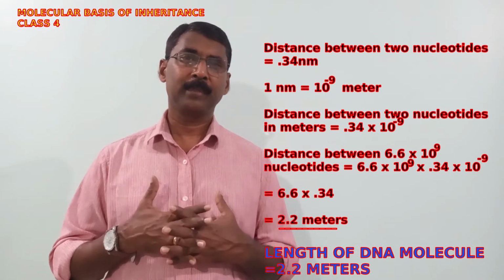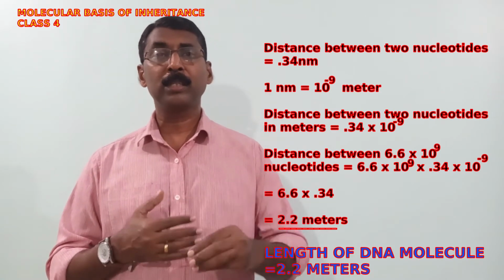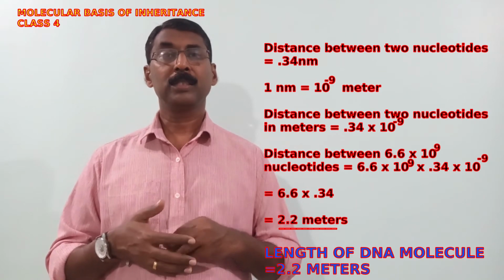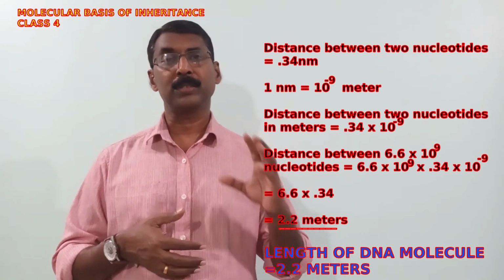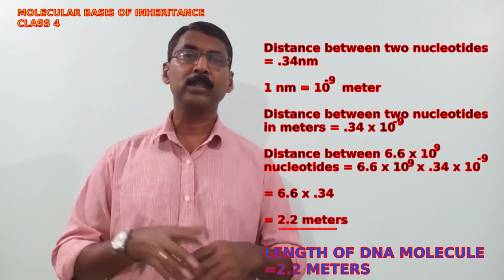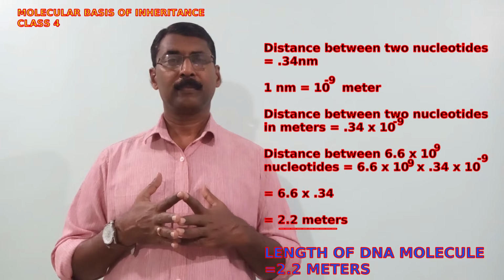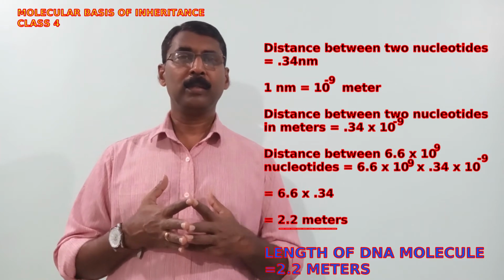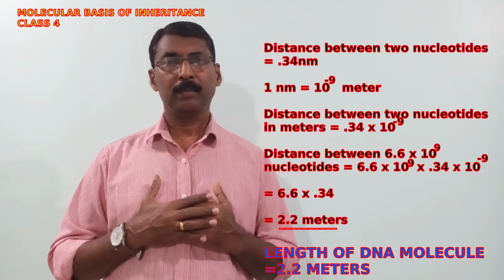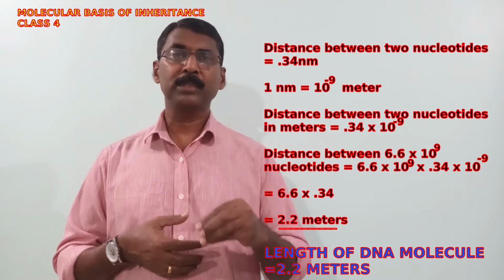Astonishing, is it not? So the length of the DNA molecule when converted into meters is 2.2 meters. So 2.2 meter long DNA molecules we have in our cell. And a cell is such a minute unit of the body. And the DNA is situated in the nucleus, which is still smaller.